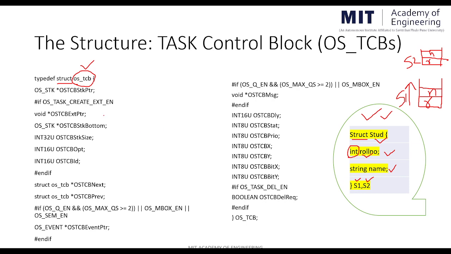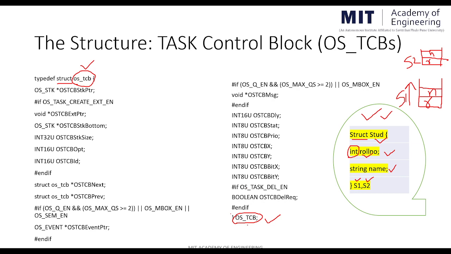Here also we can see different variables written into the structure. Here is the end of the structure. And here OS_TCB, written in capital letters, is different from os_tcb in small letters, which indicates the name of the structure.